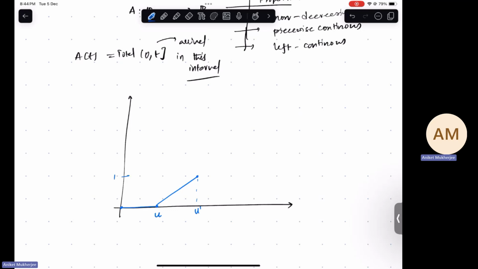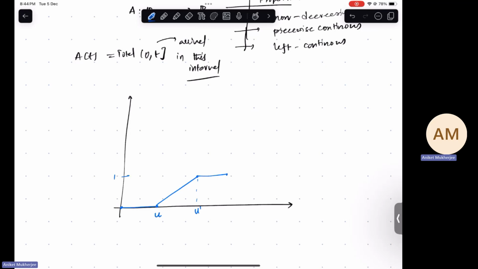It could be that the 1 unit of packet arrived throughout u to u prime, like one packet so big that the whole of it had to arrive from start to finish in that interval, or it could be that two packets of sizes one third and two thirds arrived in between. That is totally up to you. But in the interval u to u prime, 1 unit of packet has arrived at the so and so rate.